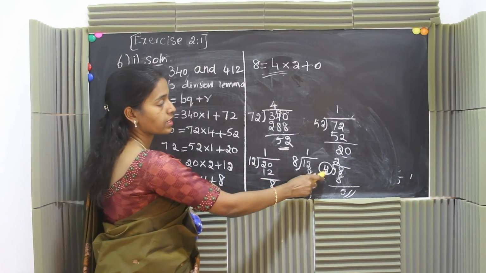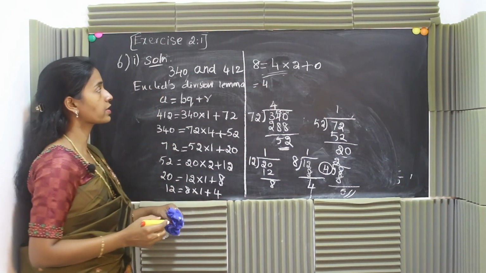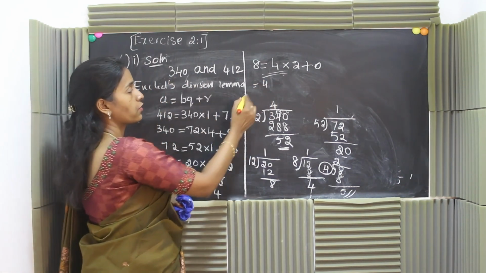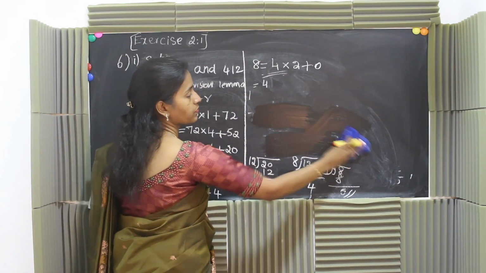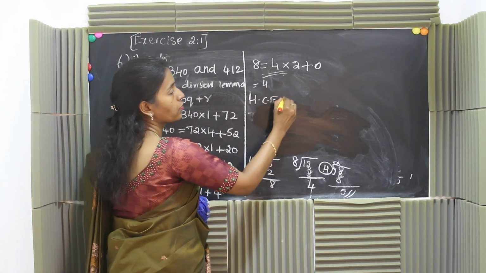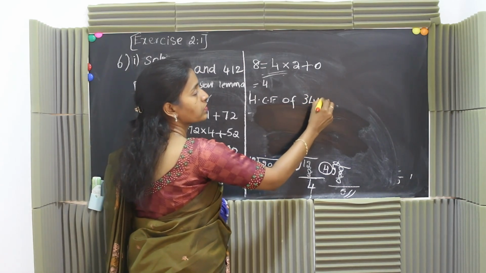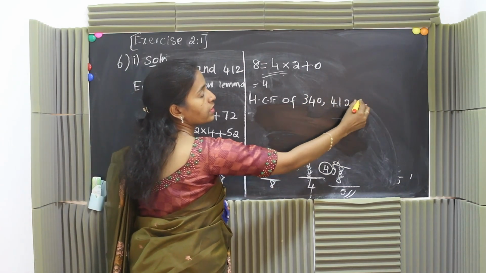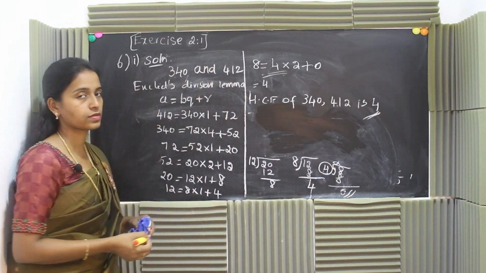So here what is the answer? 4, right? How can we write the answer? HCF of 340 comma 412 is 4, right?